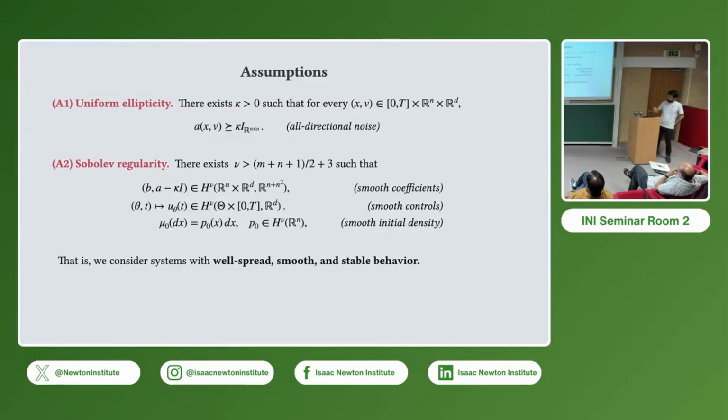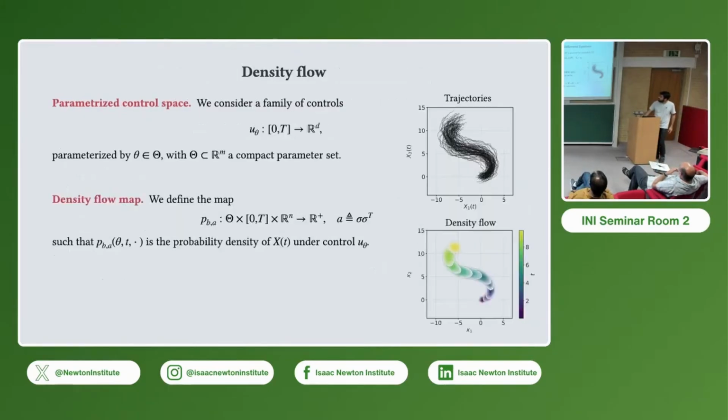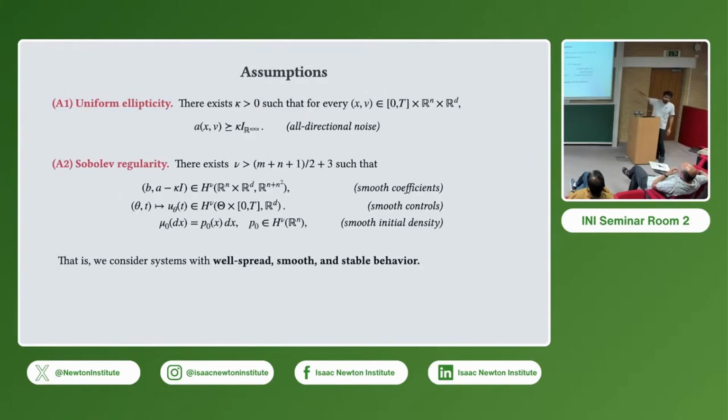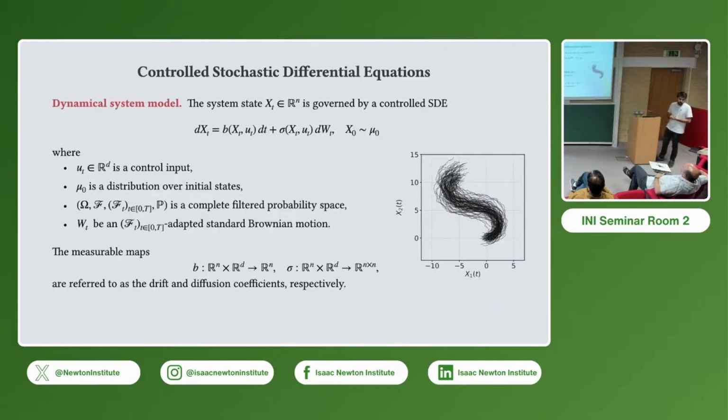Did you assume that the system is controllable? No. It's possible that X is not controllable. So when sigma is equal to 0, do you have any assumption of controllability of B or no? Here I assume the diffusion matrix is greater than kappa times the identity, but I don't make any controllability assumption in this work.